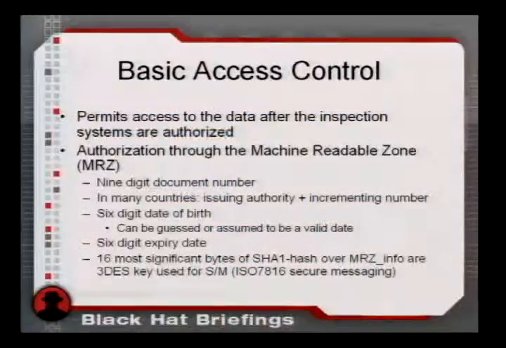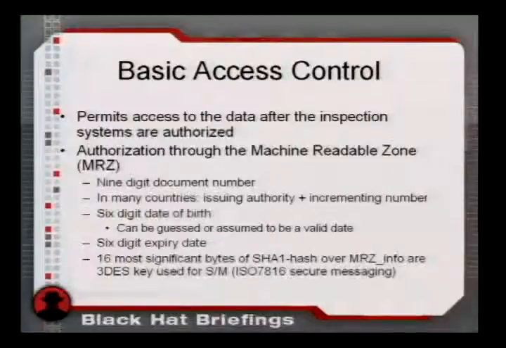Now we have something more. It's called basic access control. This system is to permit access to the data after the inspection system is authorized, so authorization through the machine-readable zone. To get the data out of an RFID passport with basic access control, you need the 9-digit document number. In many countries, it's an issuing authority code and an incrementing number.